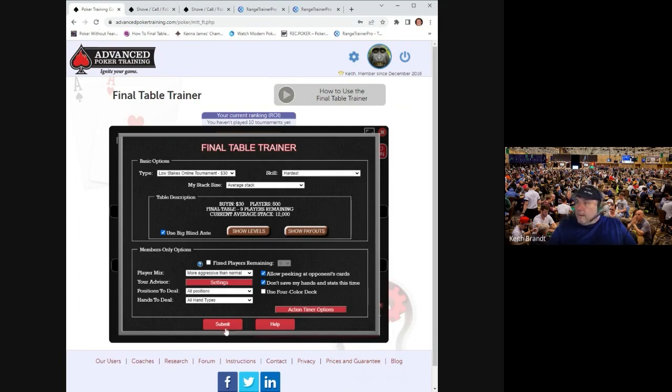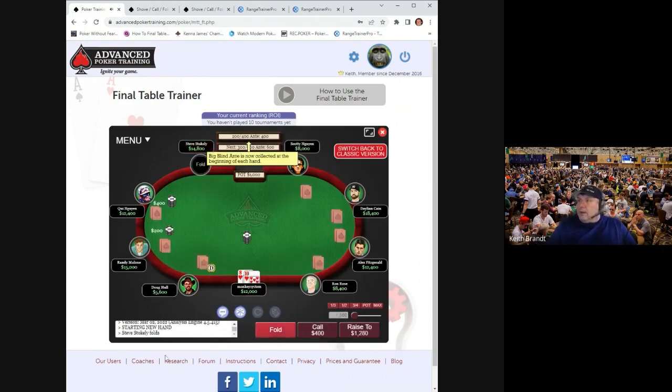All right, so let's start playing, huh? Now, we're in big blind ante, and it's telling me that right away. And we're looking at a raise of about 2.1x from under the gun +1. And we're sitting here in the cutoff with 8-10 suited.